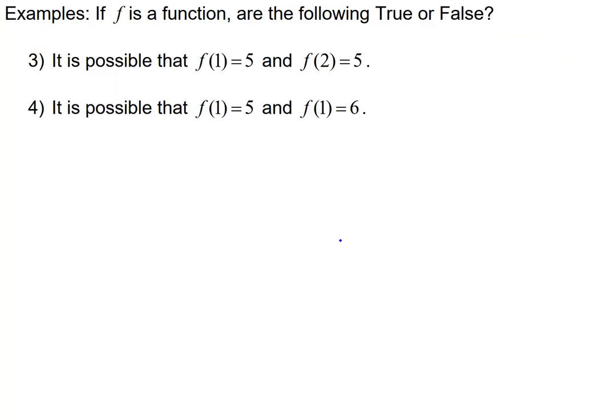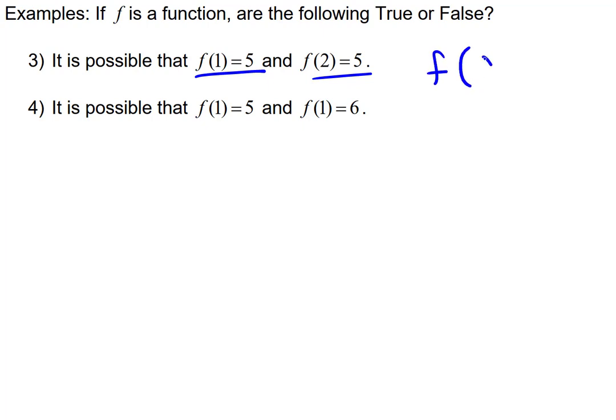Let's further explore the definition of a function with the next examples, which read this: if f is a function, so we're assuming it is, are the following true or false? The first example states it is possible that f of 1 equals 5 and f of 2 equals 5. All right, so let's consider carefully and first of all recall the function notation.